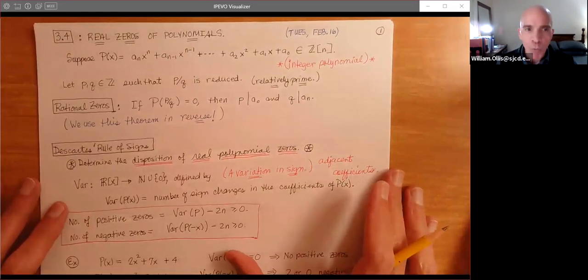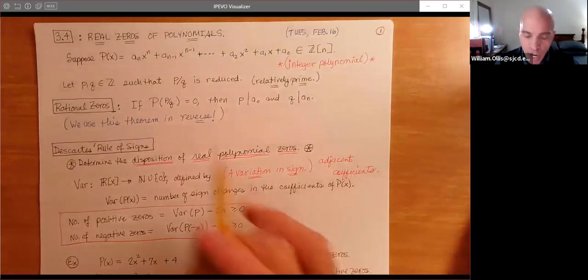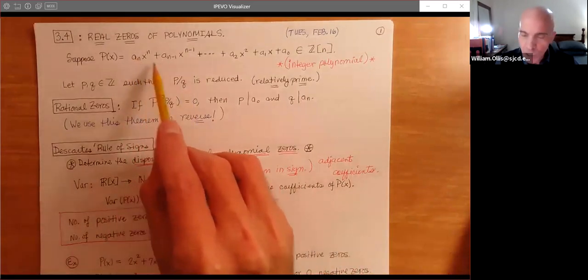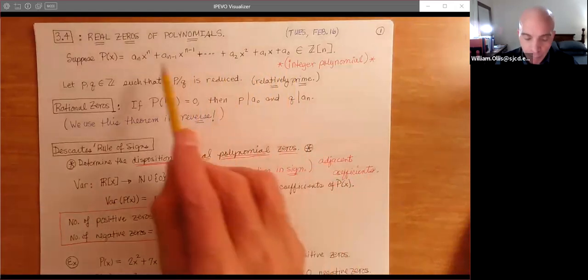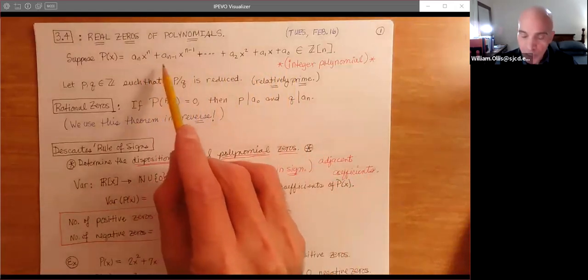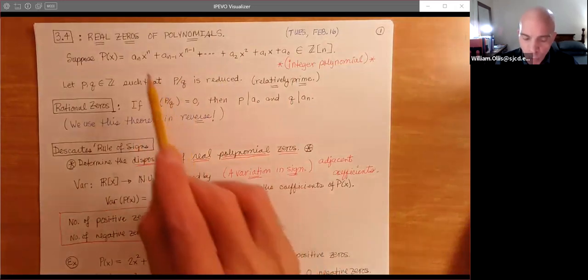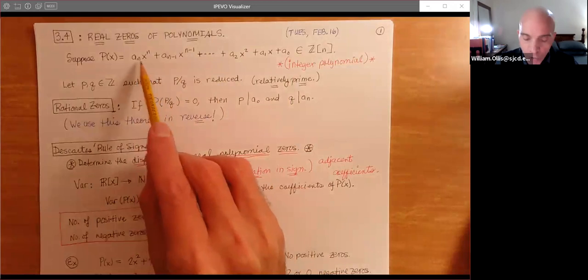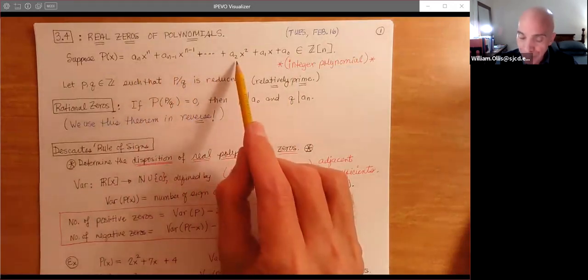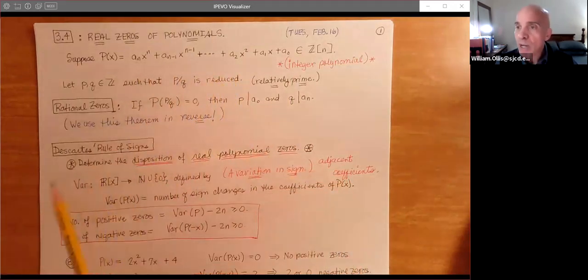Simply, when it comes to real zeros, just like when we did the division algorithm, we're going to look at the polynomial in standard descending form. When we have a real polynomial, all of the coefficients will be real numbers. Now, to solve for zeros of a polynomial, there is a special result called the rational zeros theorem.